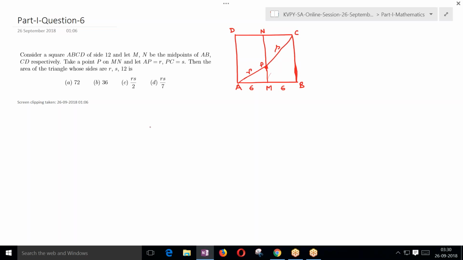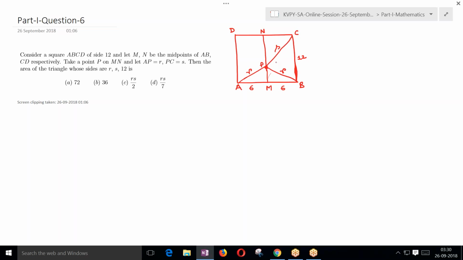These are the information which are given. From there we need to find the area of a triangle whose sides are R, S and 12. So one side is S, which we found as PC, another one is 12, which is BC, then which one is R? If we join this, this also has to be R.